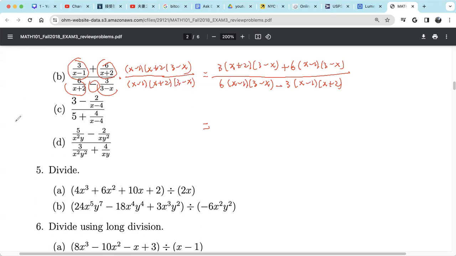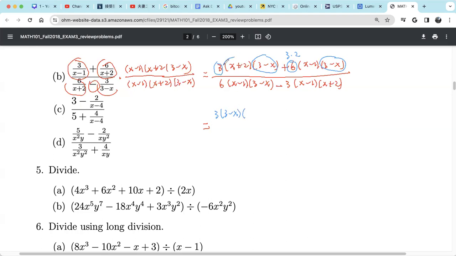Let me change my color to blue. I see these two terms have a common factor of 3 minus x, right? And also 3 is a common factor, because 6 is 3 times 2. So let's factor out 3 times 3 minus x in the numerator.